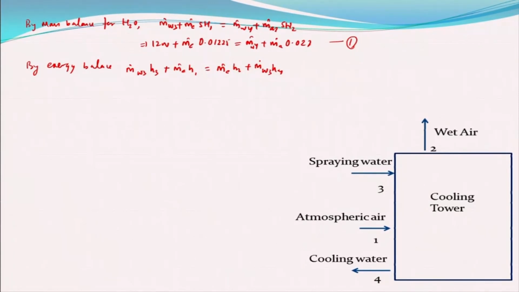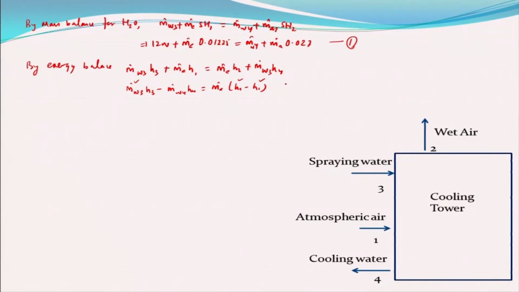So from this I can get MW3 H3 minus MW4 H4 is equal to MA (H2 minus H1), and we know this thing, H1 is known, H2 is known, and we do not know MA, but MW3 is known and MW4 is not known.